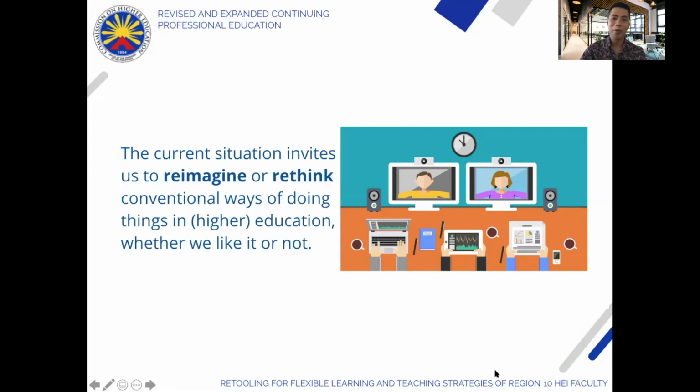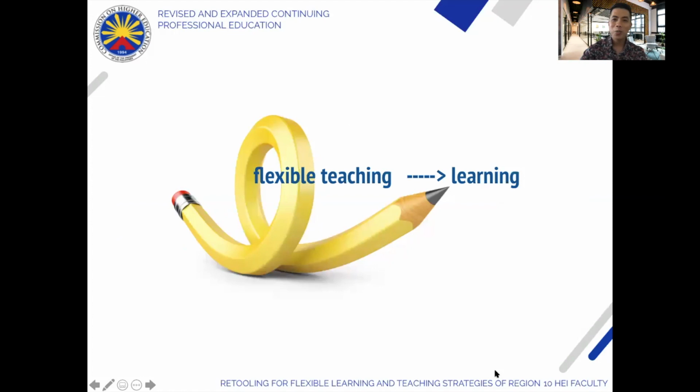We were happy and we were optimistic that 2020 would be a great year. But then suddenly, it changed when March came. So I would like to now delve into flexible teaching and learning environments, or flexible learning.